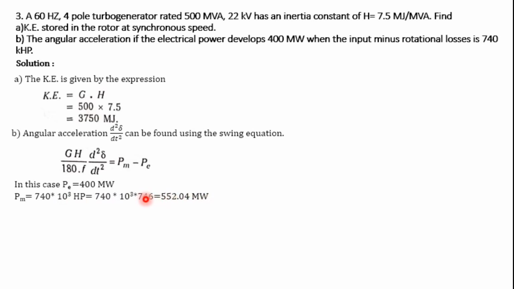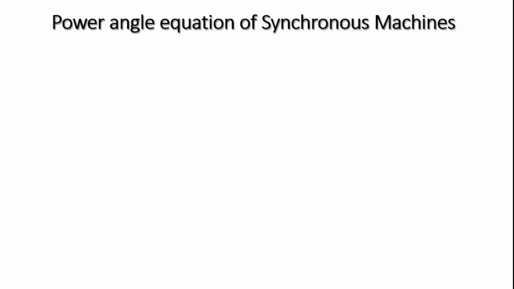Multiplying by 746, we get 552.04 megawatt. Hence we need to calculate d square delta divided by dt square, that is the angular acceleration. After substituting these values, we will get 437.8 electrical degrees per second square.